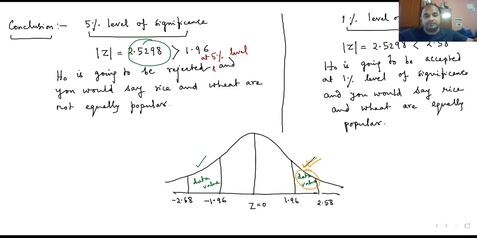Politicians do it. And if you want to show that it is not equally popular, contract your scale and show that it is not equally popular.